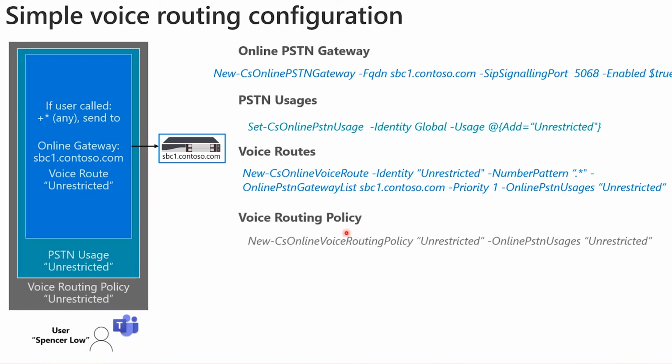Then I create a voice routing policy, which I will be assigning to the users, and I'm linking it to the online PSTN usage, unrestricted, and I'm done. So any number this user dials, indicated by this dot star, will be sent to this SBC for further handling, and then you can make other routing decisions on this session border controller.